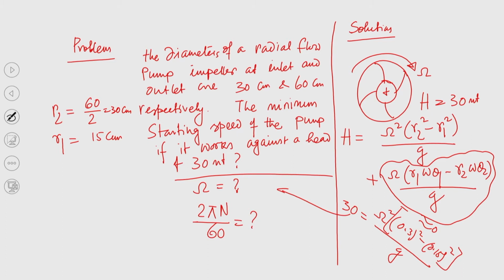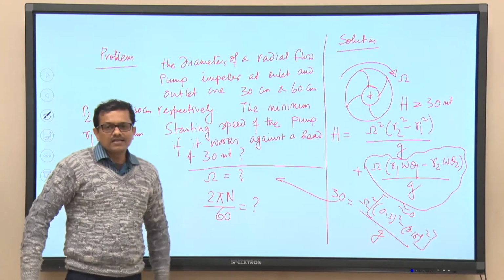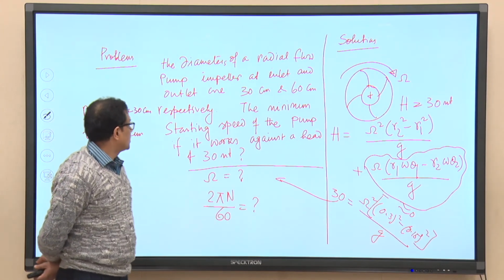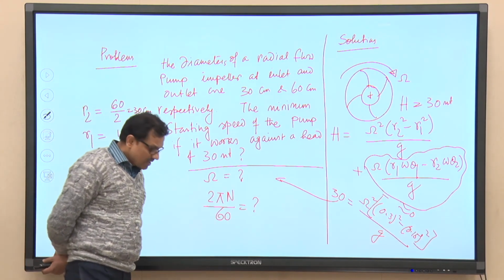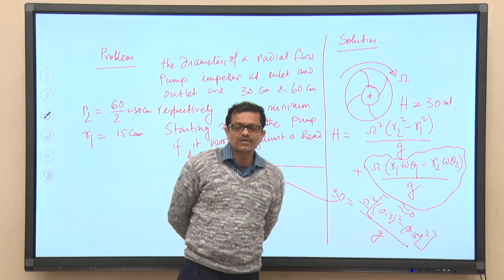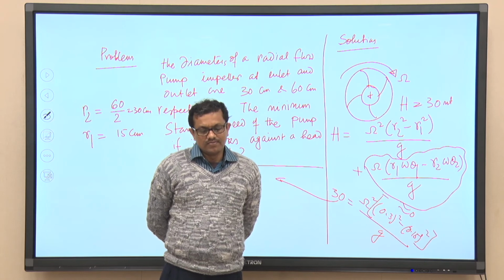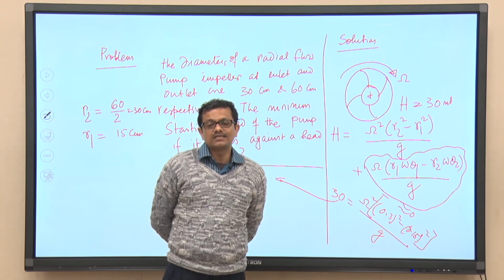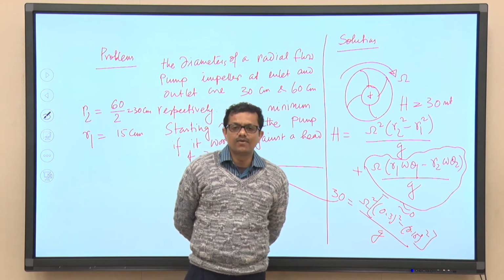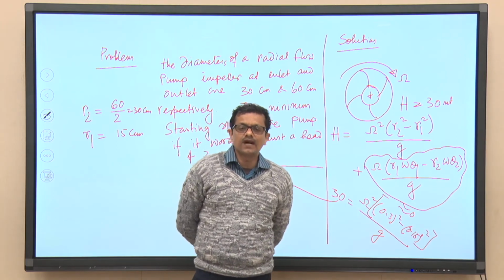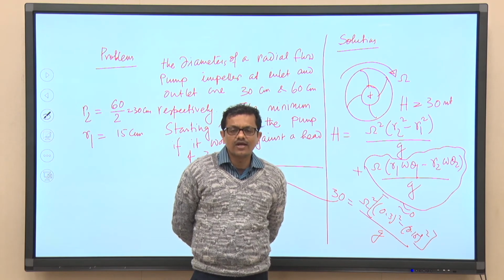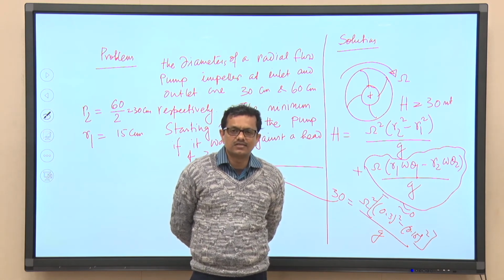Now, question is, why I have taken this example. For the radial flow pump, normally our objective is, if we can just try to recall, in one of my last lectures we have discussed the application of radial flow pump. The radial flow pumps are used in places where we need moderate to high head against a moderate discharge.